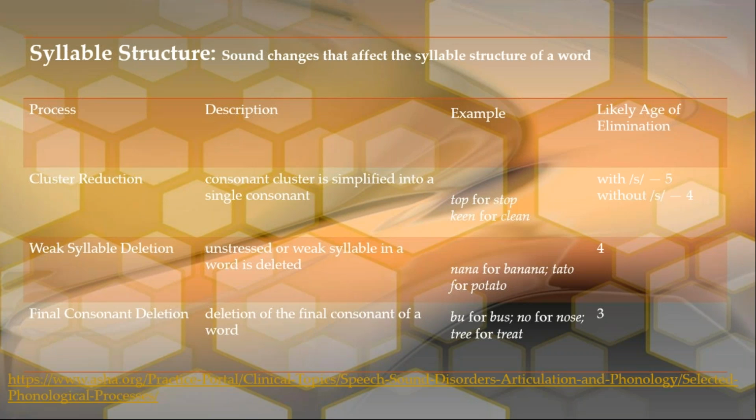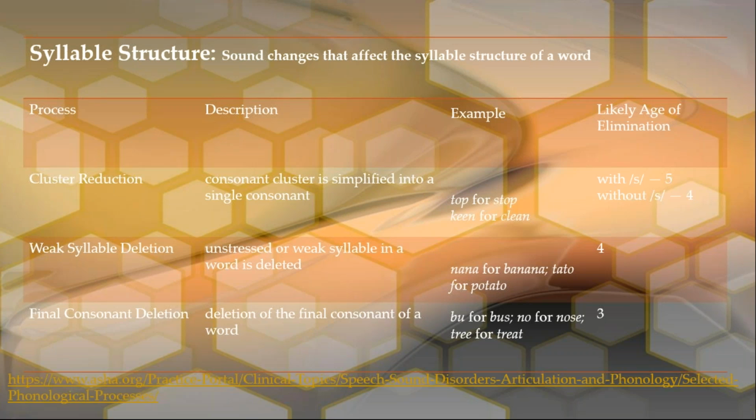So basically unstressed or weak syllables in a word are just completely deleted. So in banana, the least stressed syllable in that word is the BA sound. So they just say nana instead of banana. Same thing for potato, that PO is the least stressed syllable in the word. So they're just saying tato instead of potato. And that is developmentally appropriate until the age of 4.